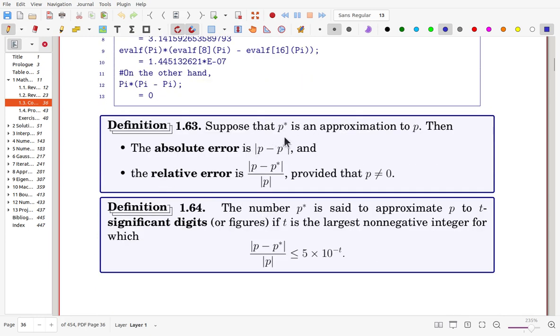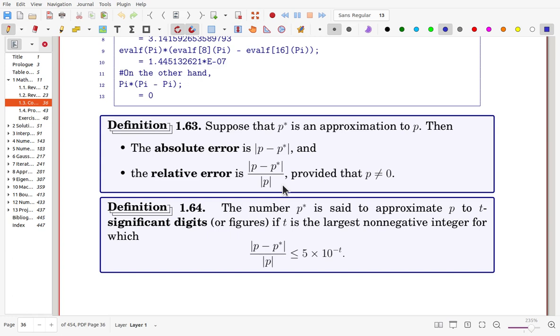Okay, P star is an approximation of P, then the absolute error is defined to be the modulus of P minus P star, and the relative error is obtained by dividing by P, the true value.